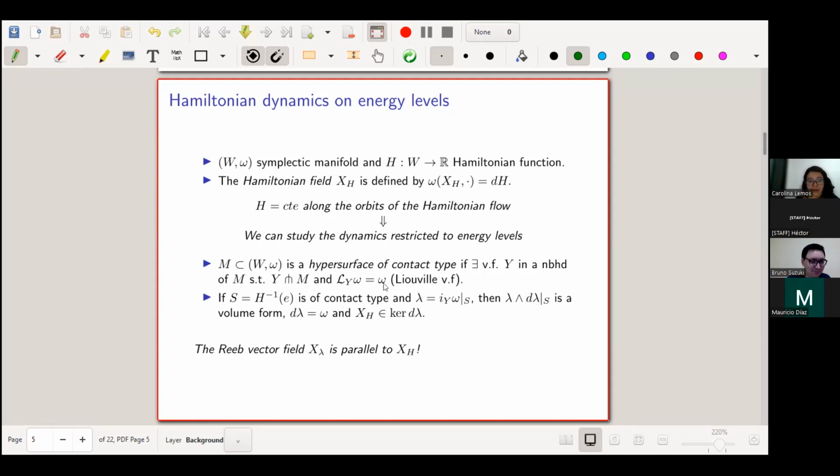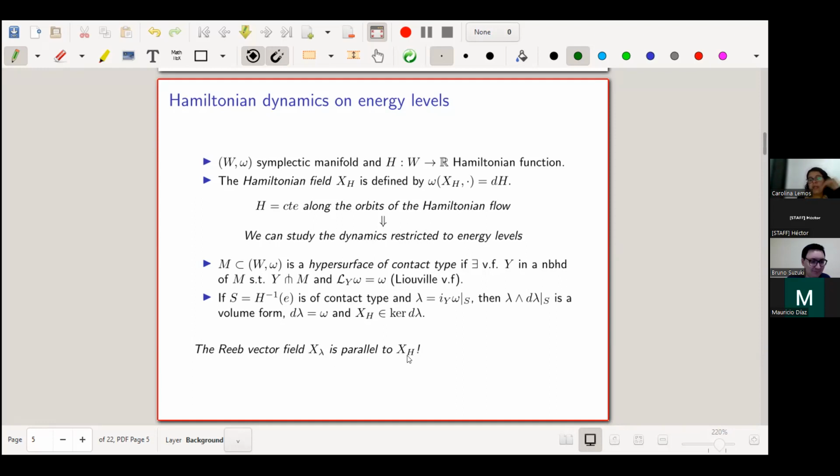And so if your energy level is of contact type, then you can show that this energy level is a contact manifold, and that the Hamiltonian vector field is in the kernel of d lambda, of the contact form. So since the kernel is one-dimensional, this means that the Hamiltonian vector field is parallel to your Reeb vector field.